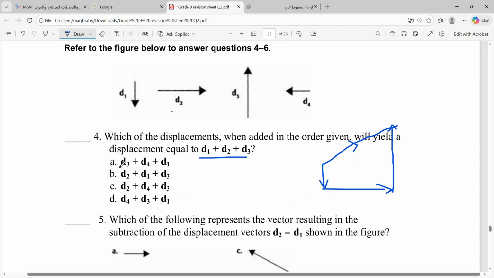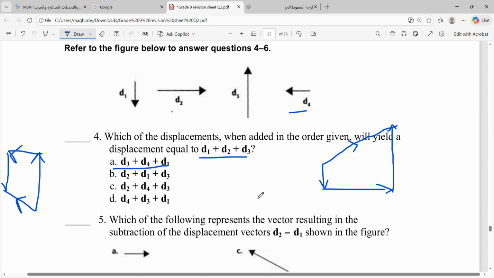We have to draw all of them to know which of them equals this resultant. So if you draw the first one, for example, d3 like this, plus d4 like this, plus d1 like this, and the resultant like this. So this one is wrong because this resultant is not equal to this resultant, opposite direction and not the same magnitude.